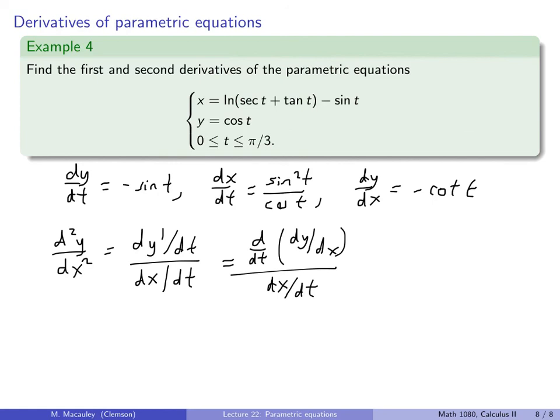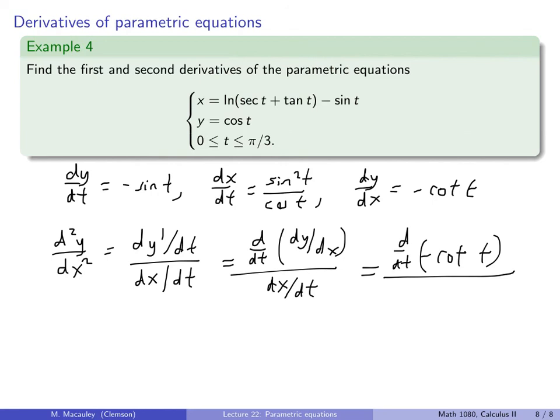So this is the derivative of negative cotangent of t. Is that correct? Yeah, that should be negative cotangent, and then I think that's cosecant squared.